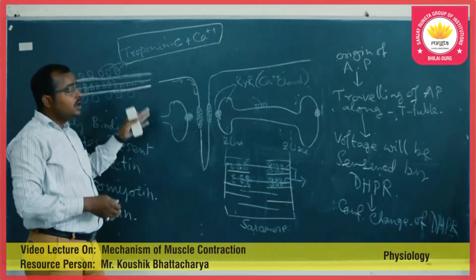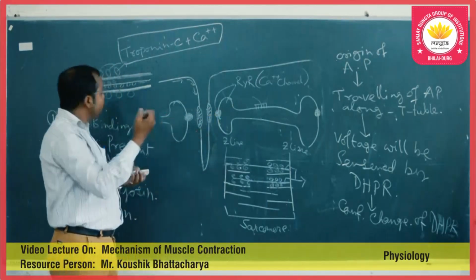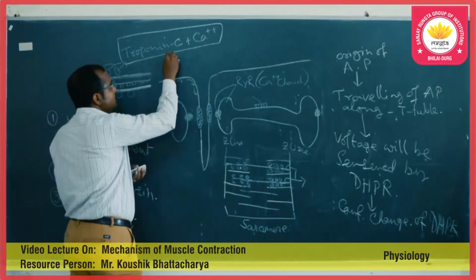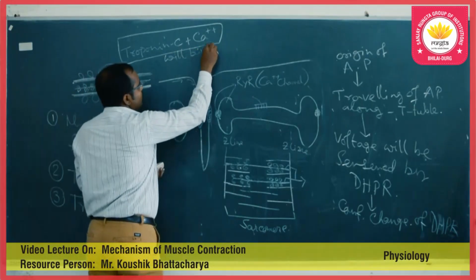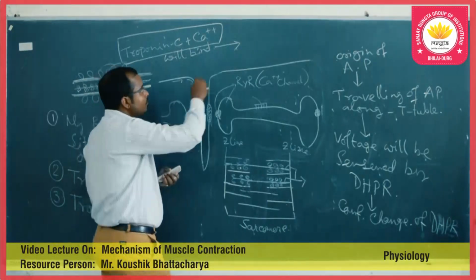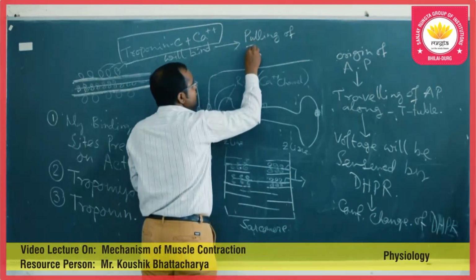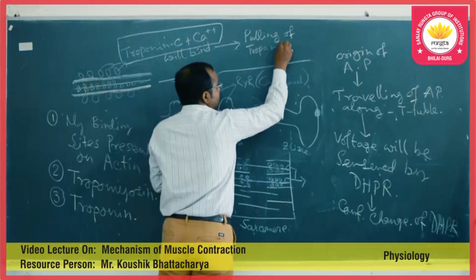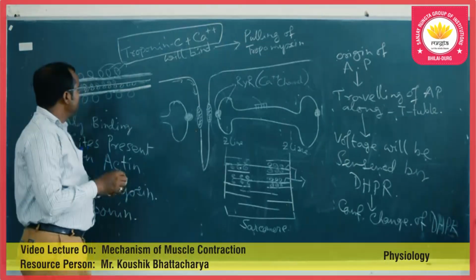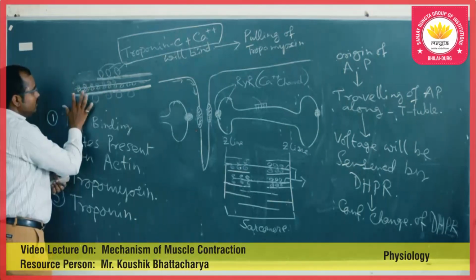That leads to the moving or pulling of the tropomyosin. So when troponin C and the calcium ion bind together, that leads to the pulling of tropomyosin. If the tropomyosin is pulled, what will happen?